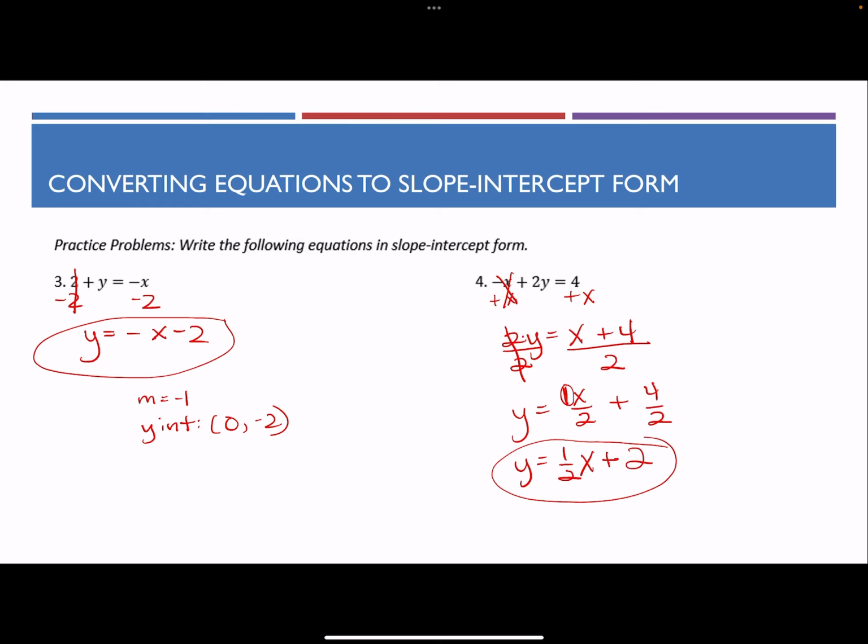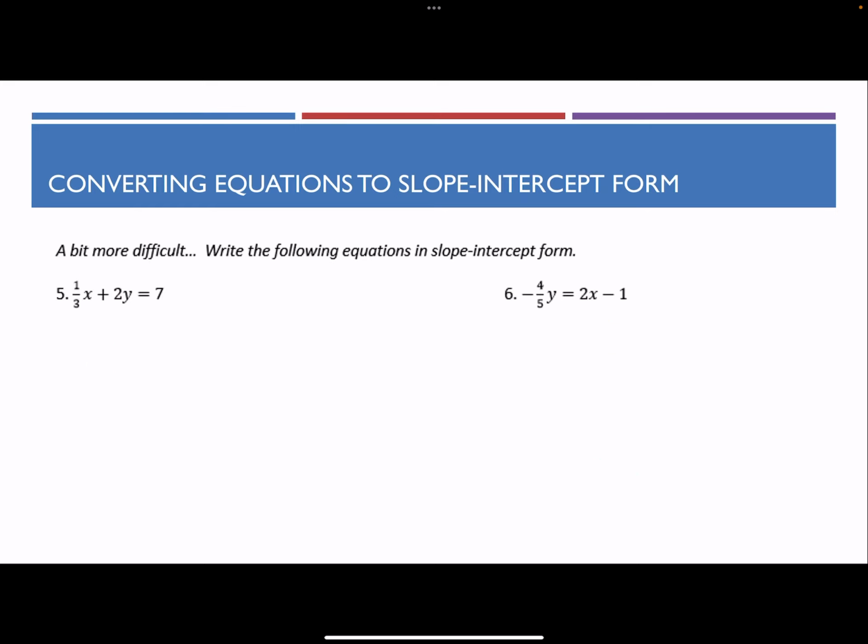All right. Some of these are going to be a little bit tougher. You might have to clear out some fractions first. So like number 5, that least common denominator is 3. So we might want to multiply every term by 3. So 1/3 x times 3 plus 2y times 3 equals 7 times 3.